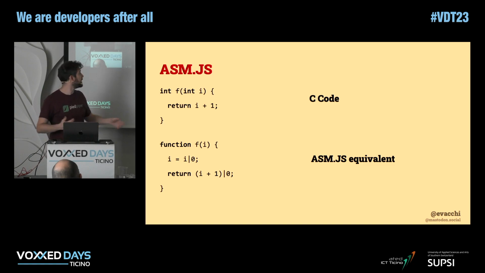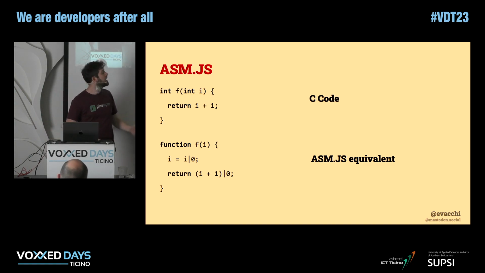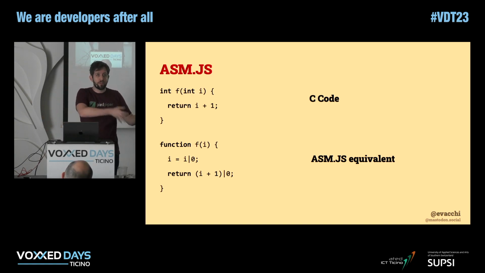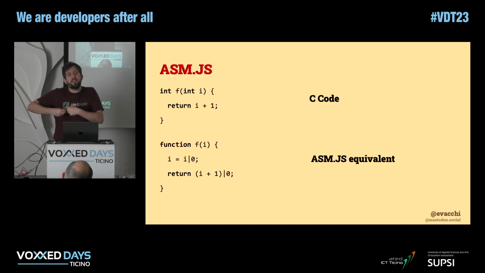It's only floating point. But this operation only makes sense if i is an actual integer. And this is basically a way to express, in a syntax-compatible way with JavaScript, that what you're running needs to be managed differently. And so by doing this, they were able to support a JavaScript subset that could be optimized and interpreted in an efficient way.